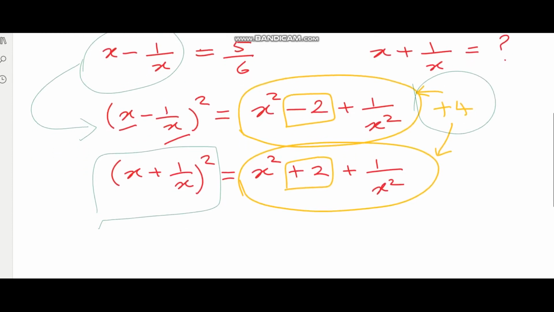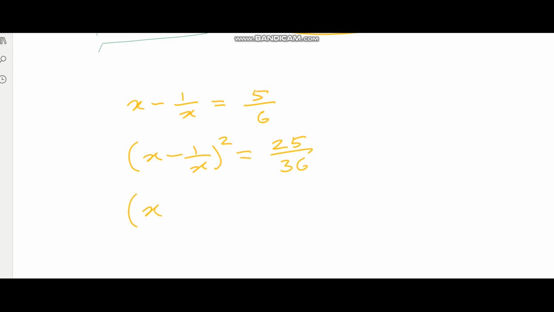So once again, x minus 1 over x is 5 over 6. When we square it, we're going to square the numerator and the denominator. Now we're going to add 4 to this to get x plus 1 over x squared.